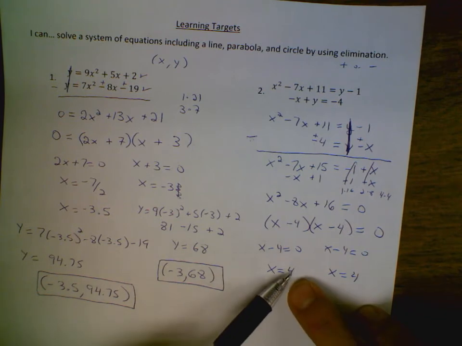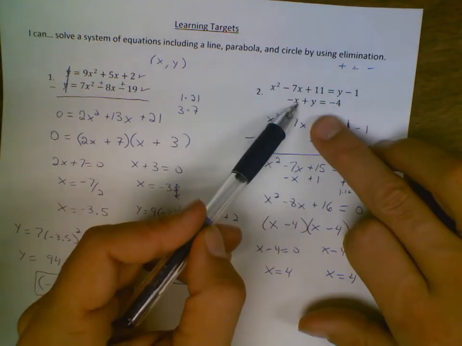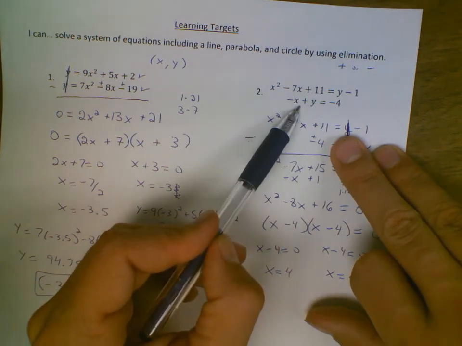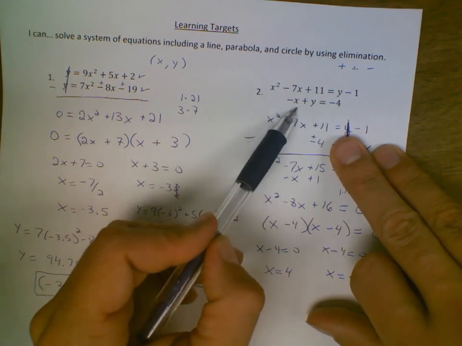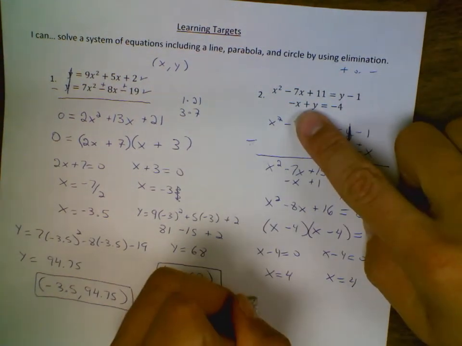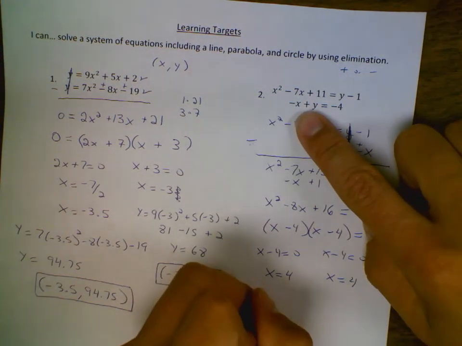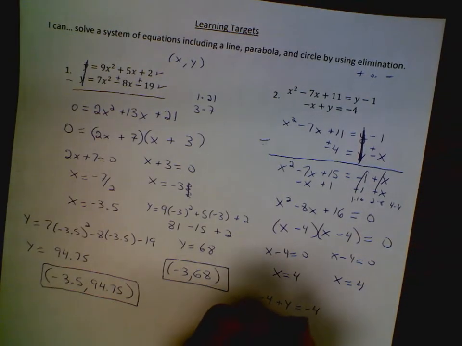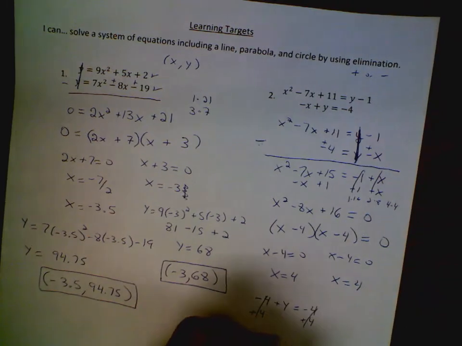So to do that, I plug 4 back into one of my two equations. I notice the bottom one's more simple, so I'm going to use the simpler equation. I'm going to plug 4 into that. So if I plug 4 into this, I get negative 4 plus y equals negative 4. If I add 4 to both sides, you'll see that you get y equals 0.